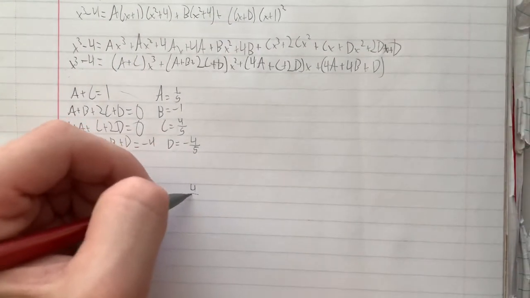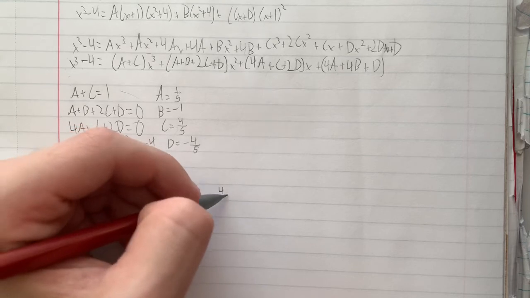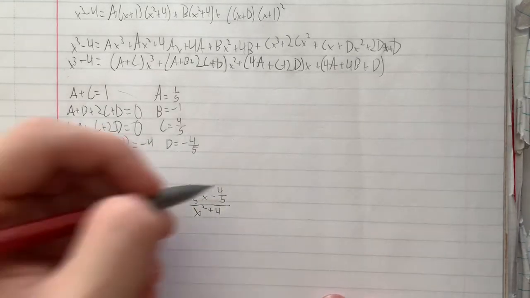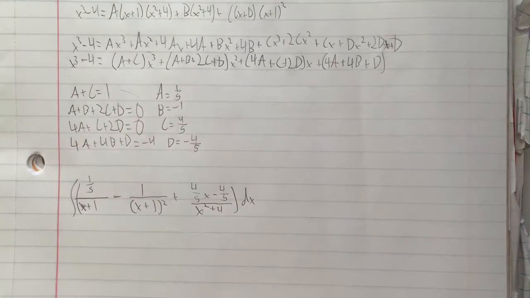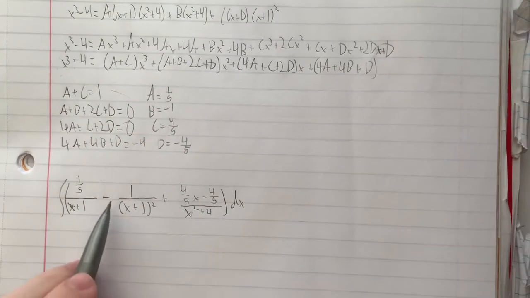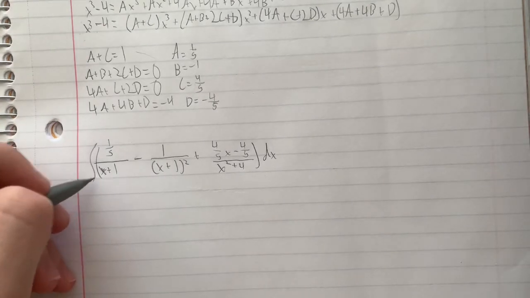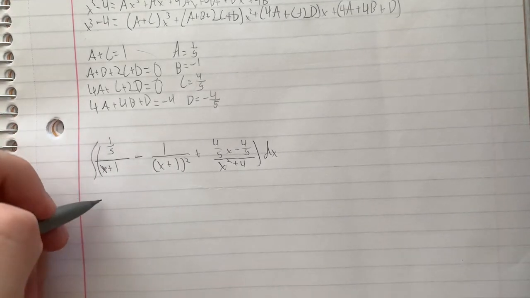So we have 4/5 x minus 4/5 over x squared plus 4, all of that dx. All right, so what we're going to do now is split these up into separate integrals. So first we're going to have, and again I'm going to move the constants out to the front. You know how I am.